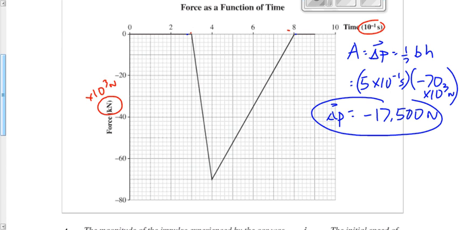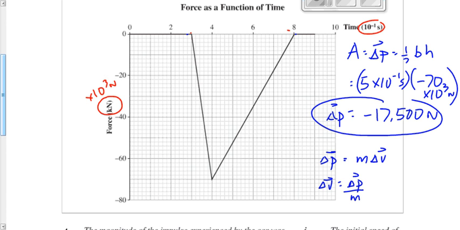Now I'm looking for the change in the initial speed of the car. It says it comes to a stop, so the final velocity is 0. Now what I'm going to do is set delta P equal to m times delta V and solve for delta V. Delta V works here because although I'm technically finding initial velocity, since the final velocity is 0, the change in velocity will be the same magnitude as the initial velocity.